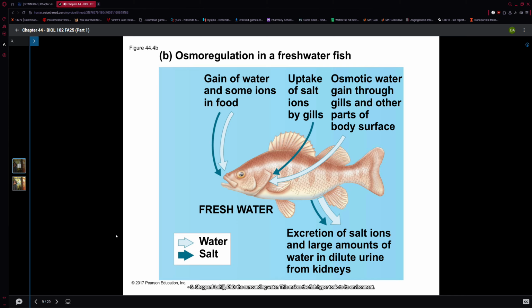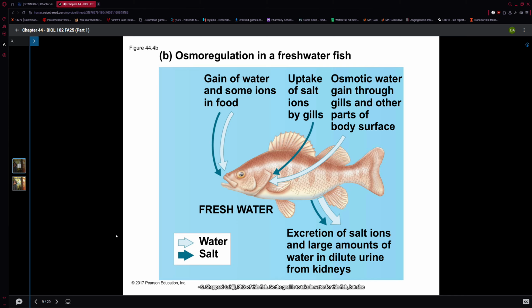This makes the fish hypertonic to its environment. If the fish is hypertonic to its environment, meaning it has a higher amount of solutes within it, then water is going to want to enter the body of this fish.